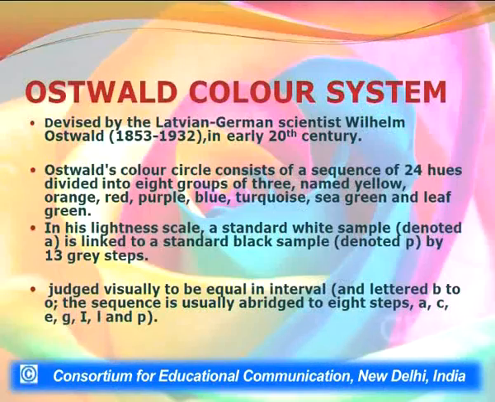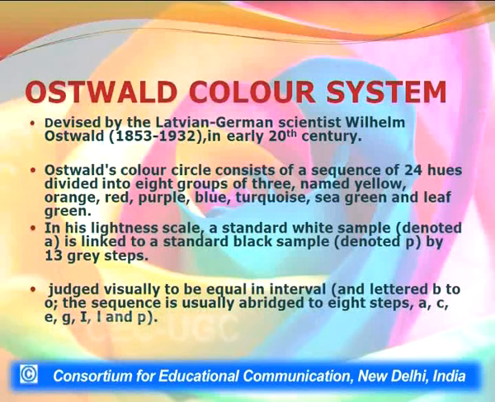Now the third color scheme is the Ostwald color scheme, and it is not very much in use, not very much in discussion these days. It was devised by the German scientist Wilhelm Ostwald in the early 20th century.